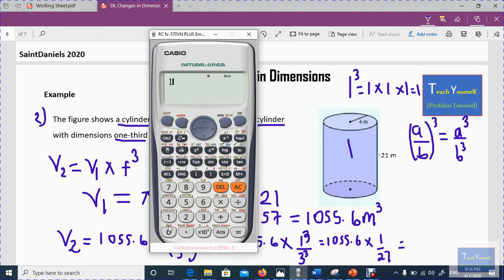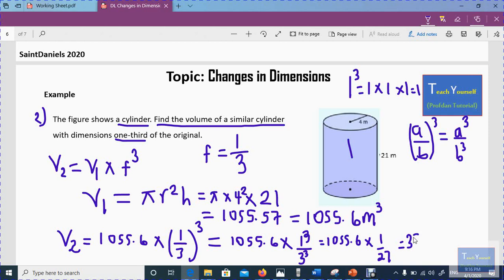You have 1055.6 times 1/27, which finally gives, in decimal, 39.06, which can be written to the nearest tenth as 39.1 meter cube.